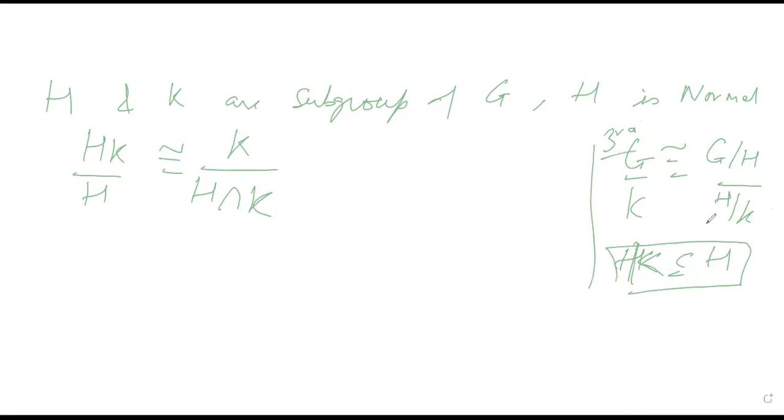And both will have one thing very similar: both will use the fundamental theorem of homomorphism for proving. Whenever quotient groups are involved in isomorphism, mostly we use the fundamental theorem of homomorphism.